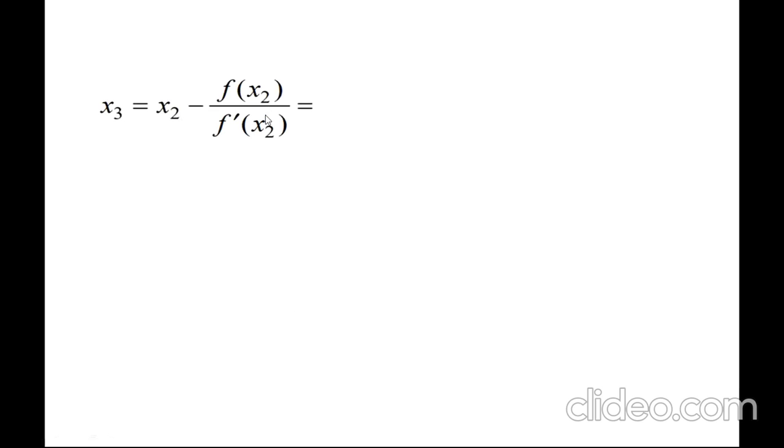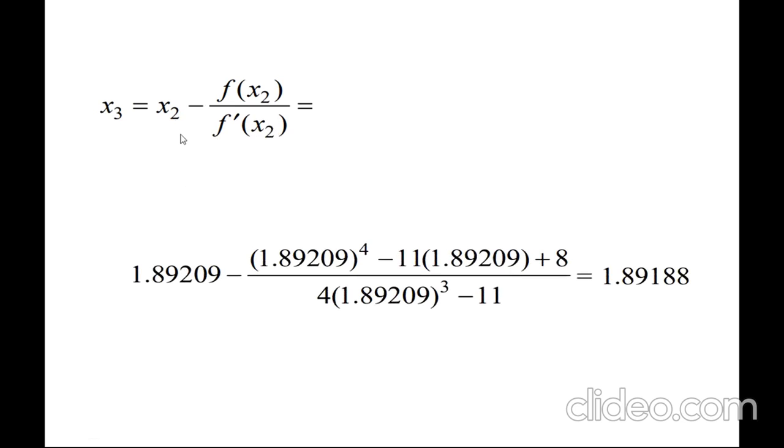Now for the next iteration, x3 is equal to x2 minus f of x2 upon f dash of x2. So replace the value of x2 as 1.89209 minus (1.89209 raised to 4 minus 11 into 1.89209 plus 8) upon (4 into 1.89209 cube minus 11).